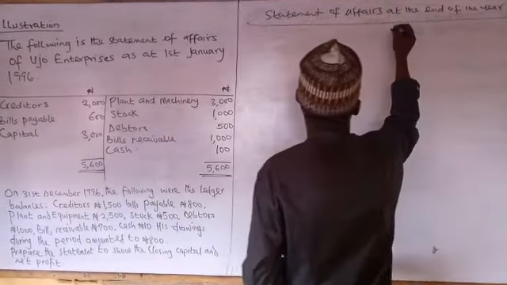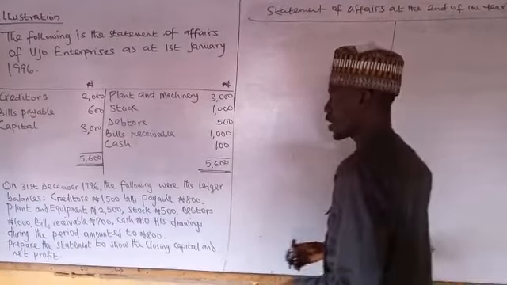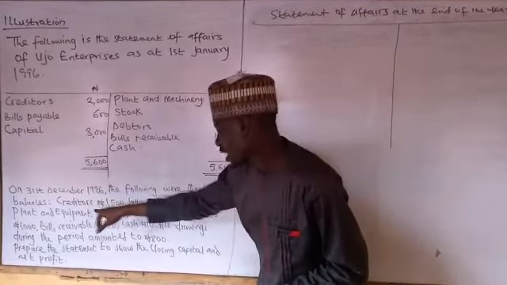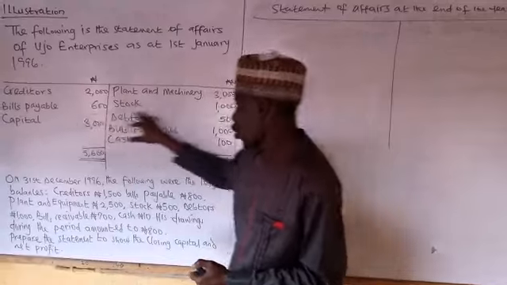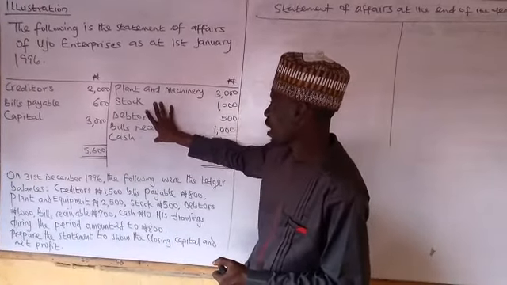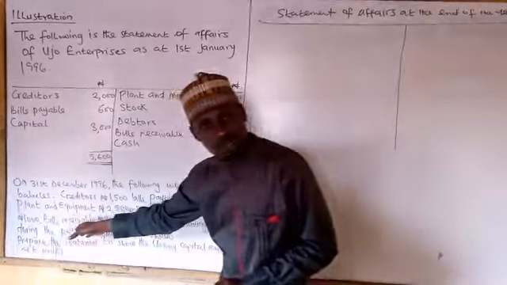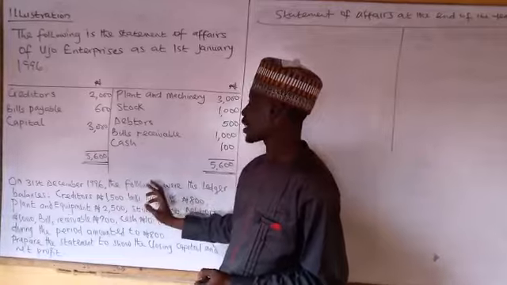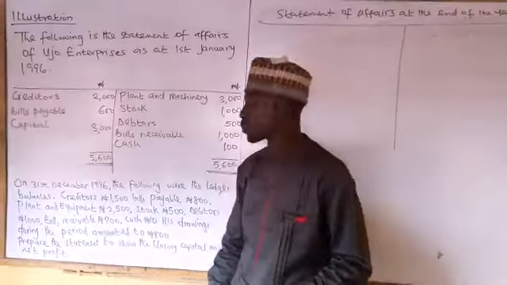Now, if you look at this very critically, you discover that the opening part has been settled, because they used the opening statement of affairs to give us the opening capital. Now we use this information to determine our closing capital, and whatever we have as our closing capital, in relation to our opening capital and drawings, determines our profit for the year.